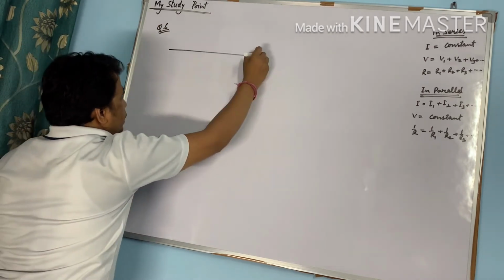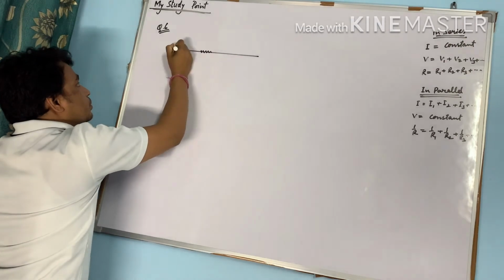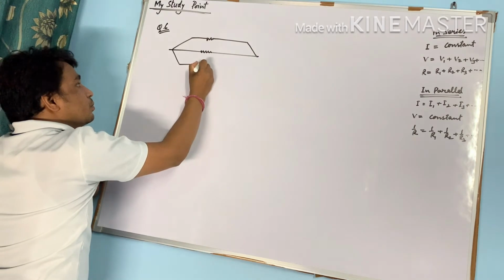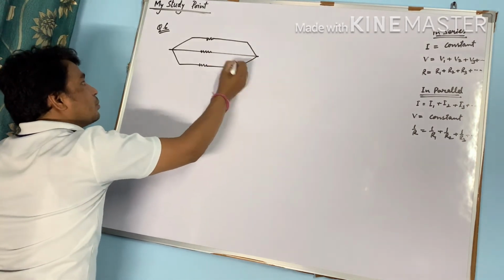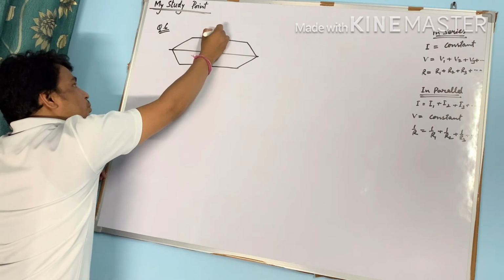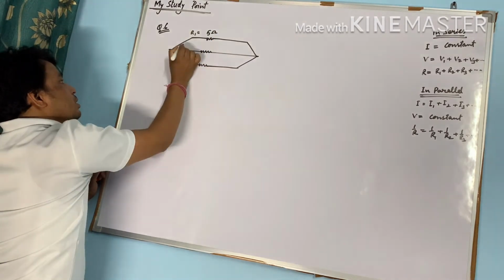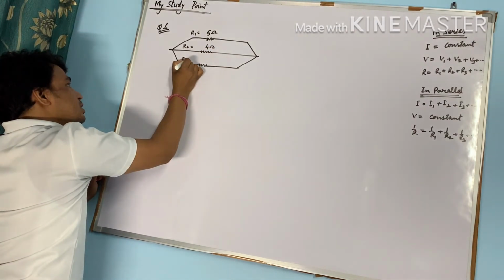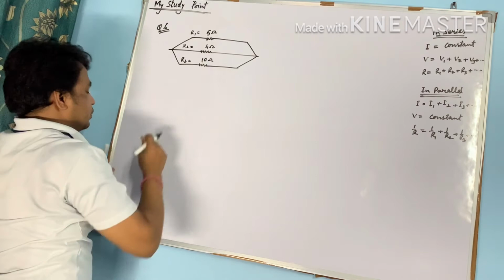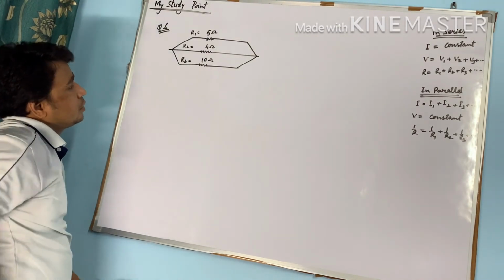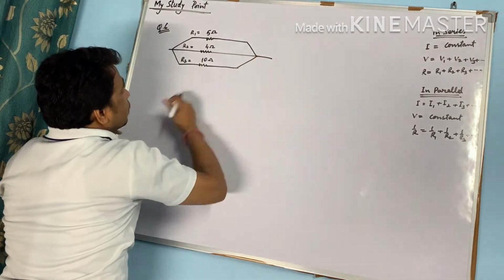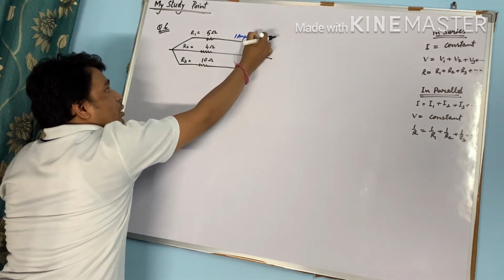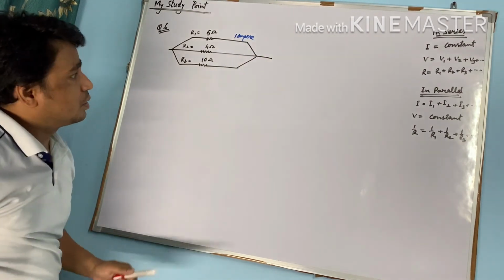Next question is quite tricky. Three resistors are connected in parallel. First one is 5 ohm, second one is 4 ohm, and third one is 10 ohm.